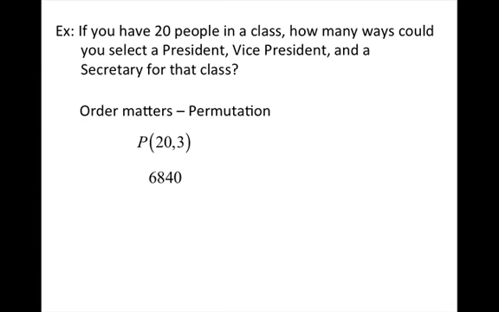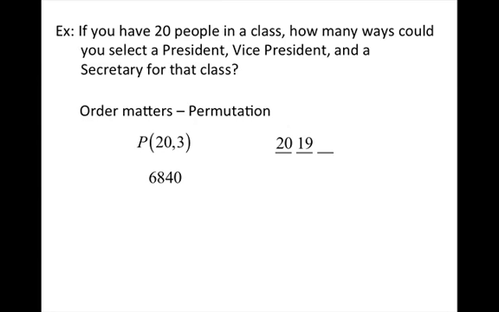Now I could also look at this problem drawing the blanks. We'll say the first position represents the president. Well, when selecting a president, I have 20 people to choose from. After I select one person to be president, I need to select my vice president. Well, of the 20 people in class, I can't choose the president to be vice president, so I only have 19 choices remaining.